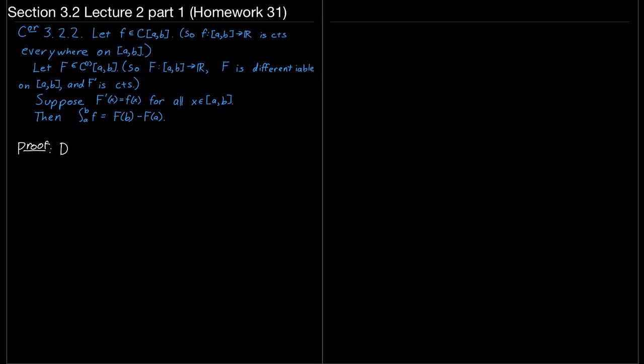So we're going to define G of x to be the integral from a to x of f. And then by the fundamental theorem of calculus, that is by theorem 3.2.1, G is continuous on the interval from a to b.